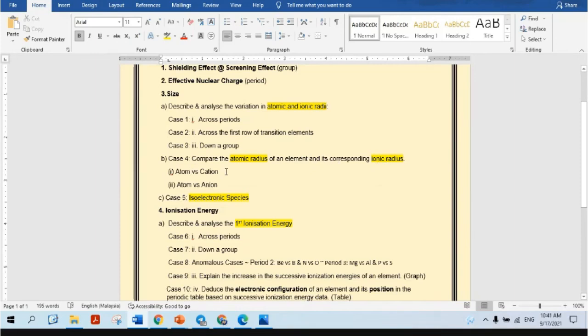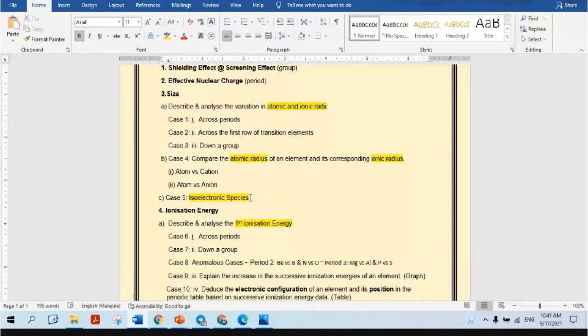Example, sodium ion, chloride ion. Case 5 is about isoelectronic species, meaning all the ions with the same electronic configuration. Then we compare in terms of effective nuclear charge if the n value is the same; if the n value is different, we compare in terms of shielding effect.